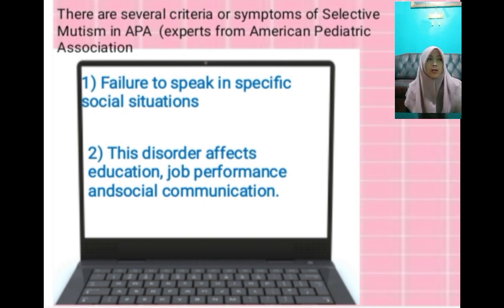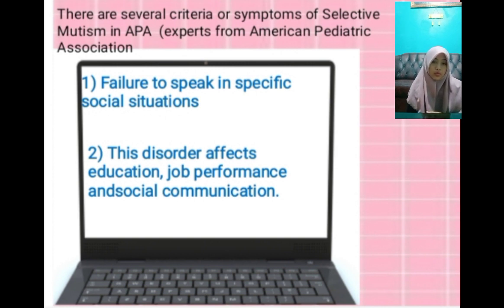When speaking, they look anxious, scared, or embarrassed, avoiding eye contact, lack of movement, cool expression when in a fearful or scary situation.